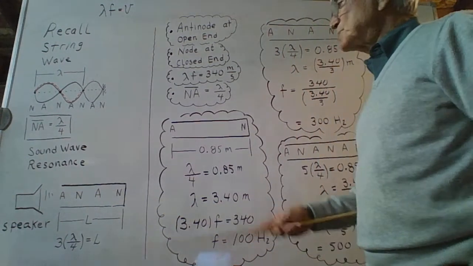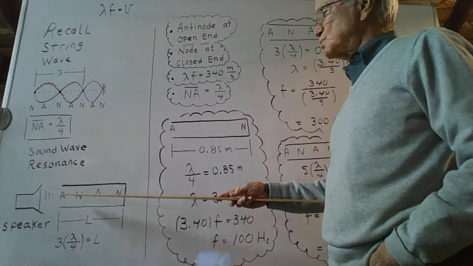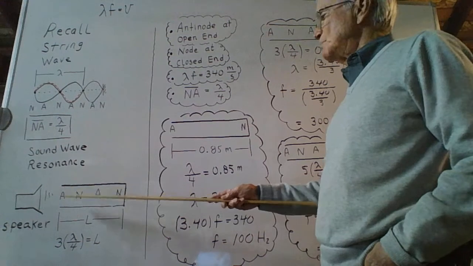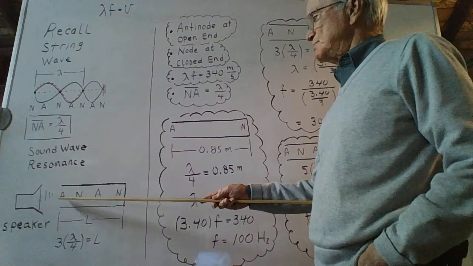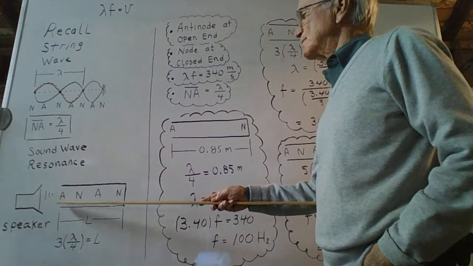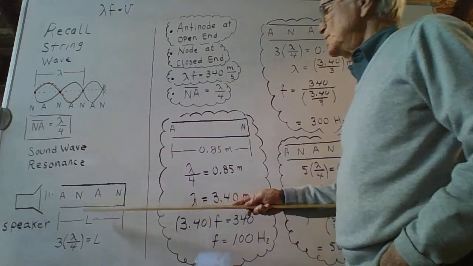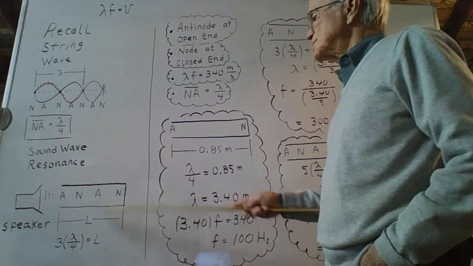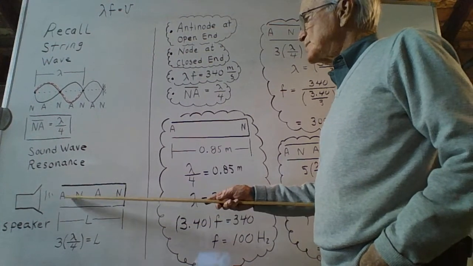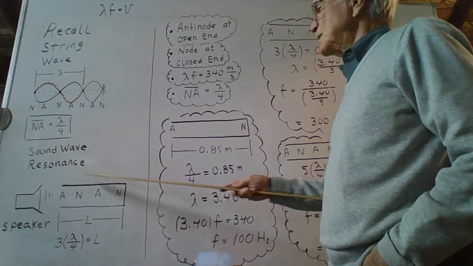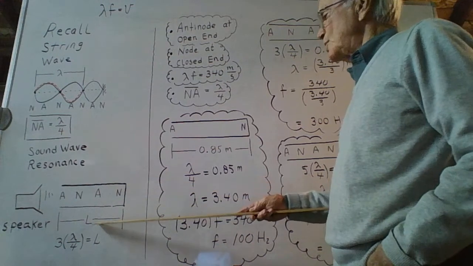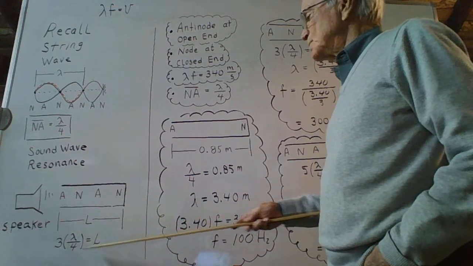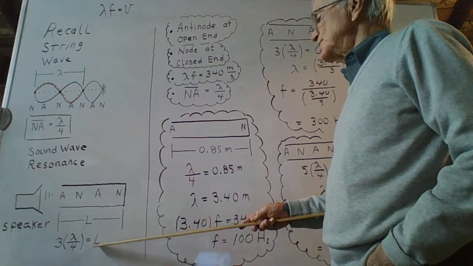Now, in this particular configuration, which is just one of virtually an infinity of different possible modes or methods or means of completing a resonance, we have 3 such segments, 3 such A to N distances. The sum of those 3 distances must add up to the length of the tube, which we'll call L. So triple the length of one of them equals the total length of the tube.